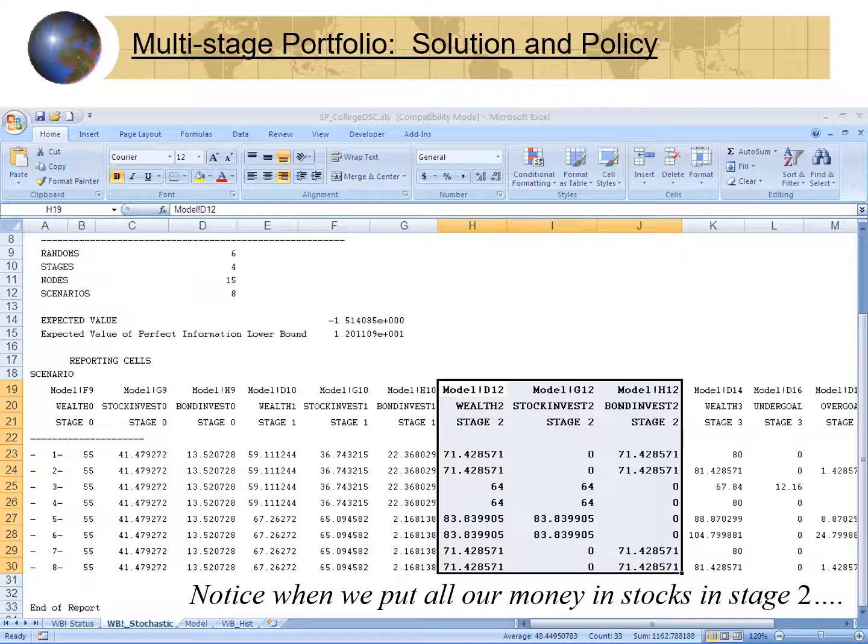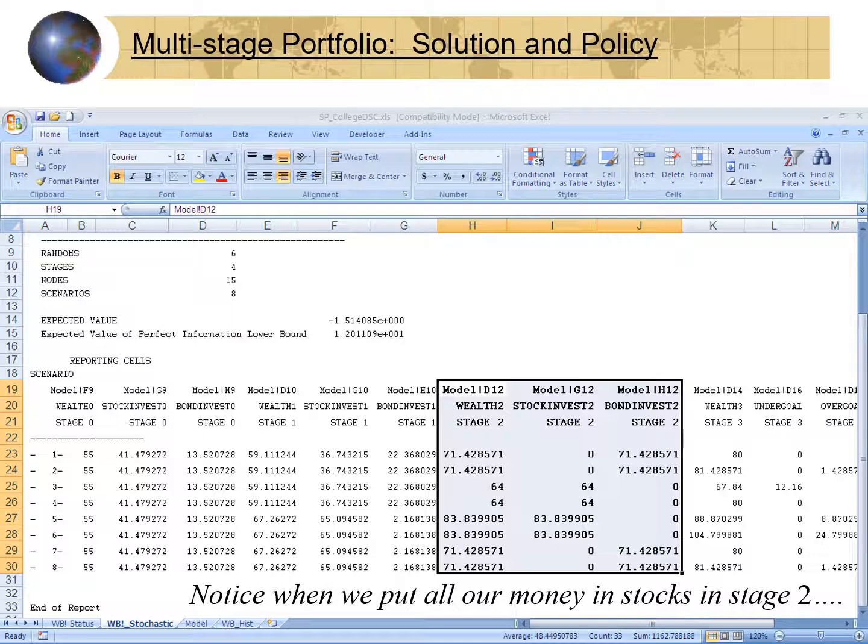And we'll invest either 36.74 in stocks or 65.09 in stocks, depending upon which scenario occurred. Now let's look in particular at the highlighted section there, where we look at how much wealth we had in period 2, and then look at how we allocate our investment in either stocks or bonds.